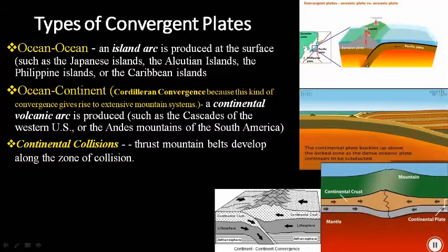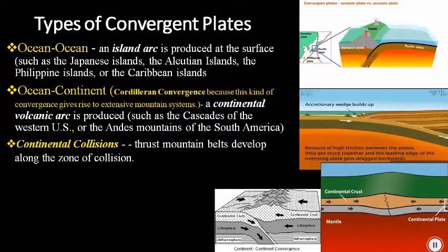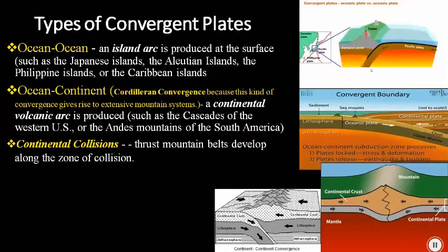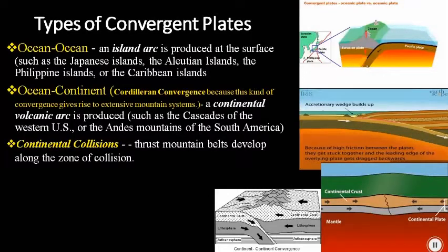Now, in an ocean convergent plate, I have already told you that the oceanic plate is more dense while a continental plate is less dense.